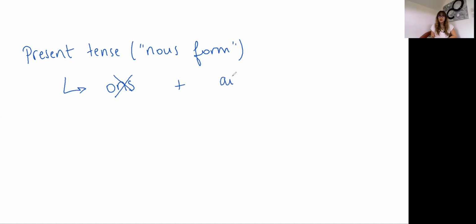So ais if it's je, ais if it's tu, ait if we're talking about il, elle, or on.